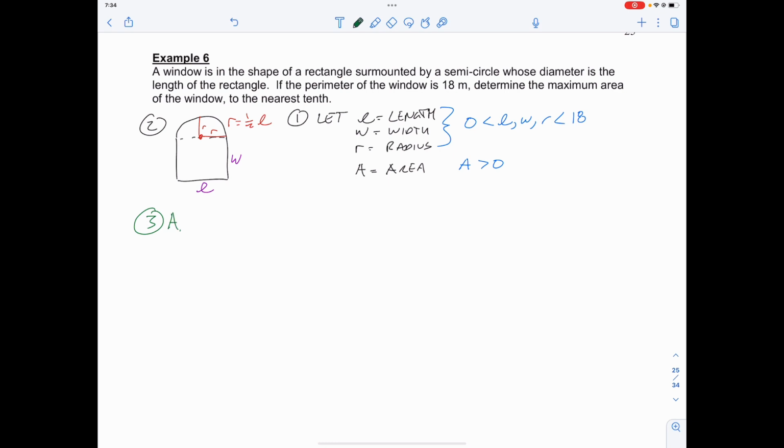So if I'm solving for the max area, then it's going to be the area of the rectangle and the area of the semicircle, or 1/2 of the area of a circle.